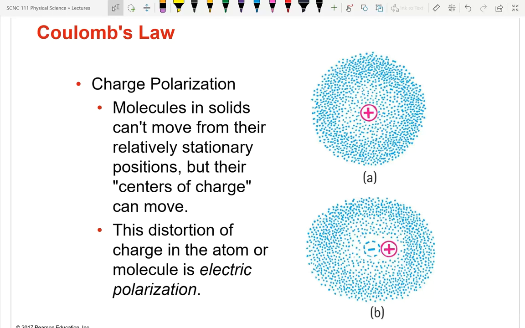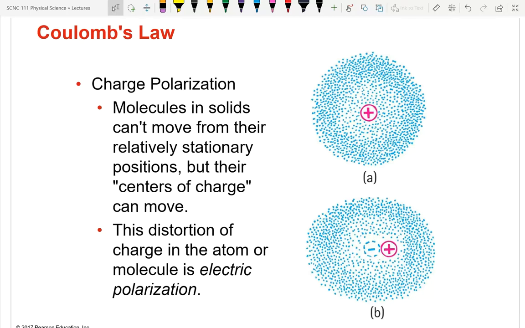It's just moving around. Well, if I bring, let's say, a positive charge close to an atom, what's the positive charge going to do to the electrons that are orbiting the nucleus? Electrons have a negative charge. Bring a positive charge. What's it going to do to that negative charge?